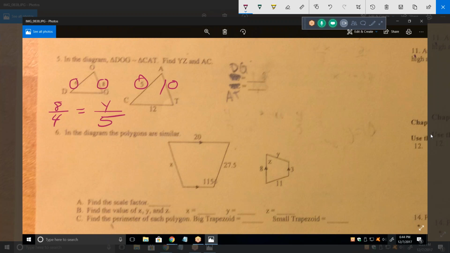And in order to get a scale factor, you have to have the corresponding side. You know what I mean when I say the corresponding side, right? Kind of. Do you have any trouble telling the corresponding sides in these two similar triangles?